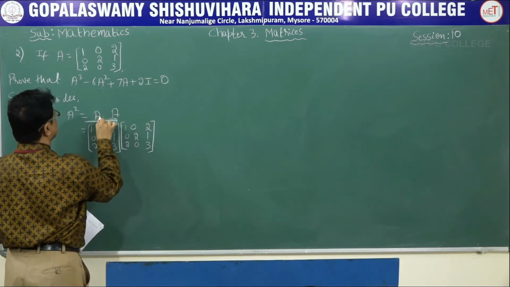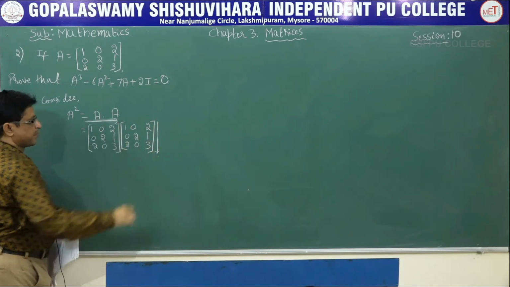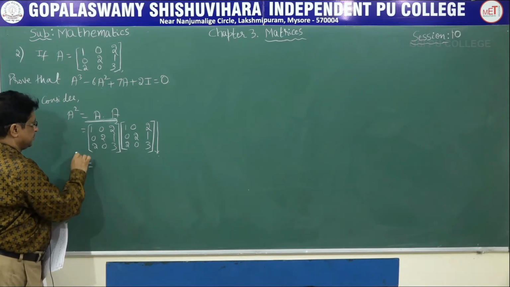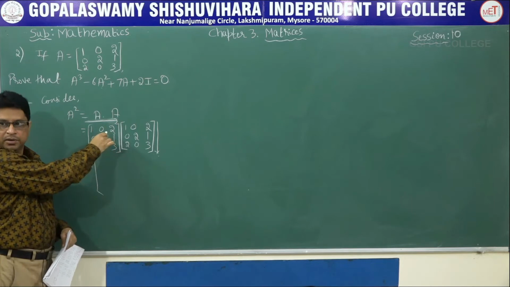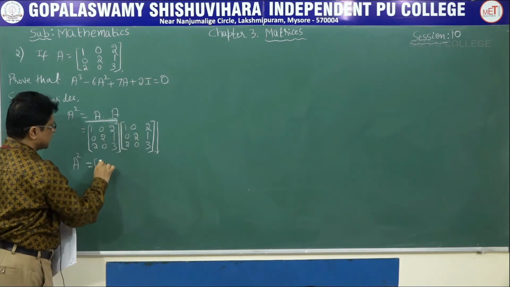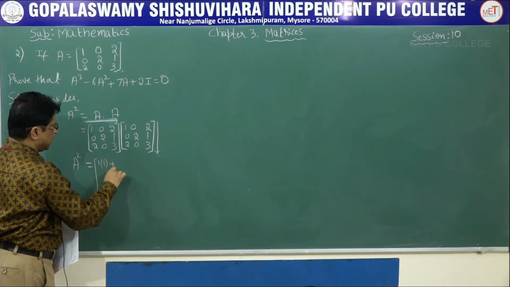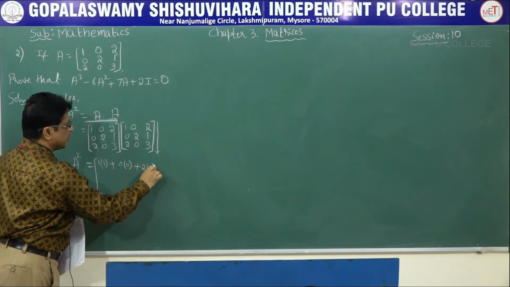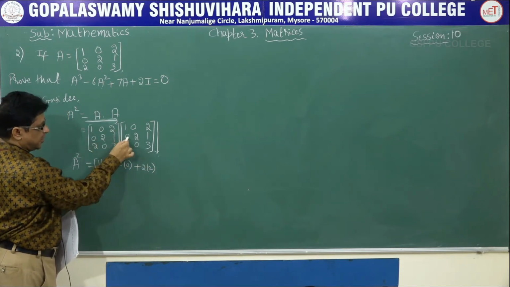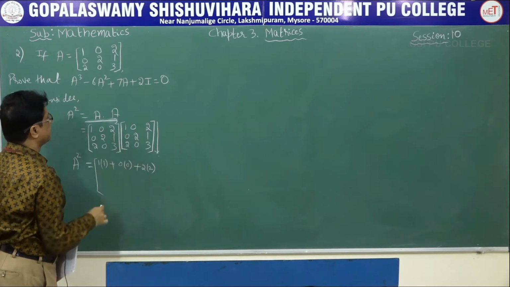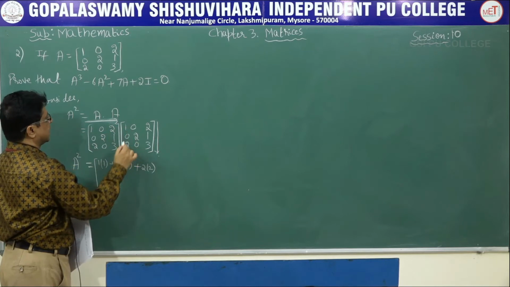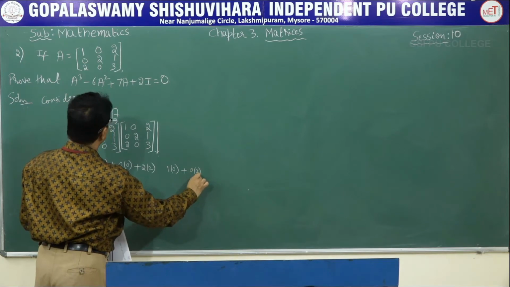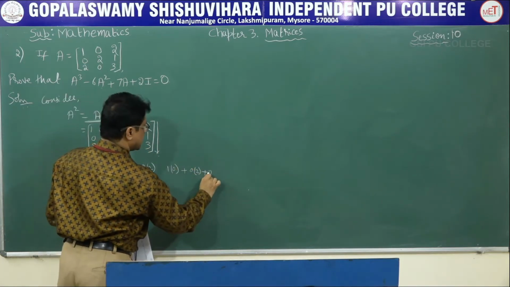So the method is row into column, row into column. First row into first column. So it is 1 into 1 plus 0 into 0 plus 2 into 2. Next is first row second column, that is 1 into 0 plus 0 into 2 plus 2 into 0.